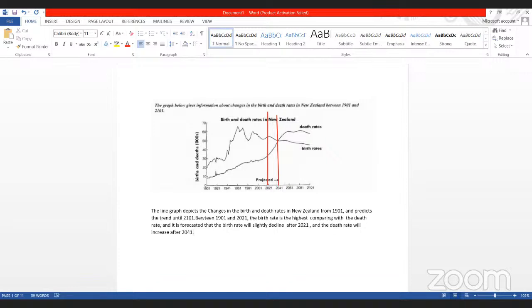You are now done with the general overview. Now we are coming to the specific parameters, right?